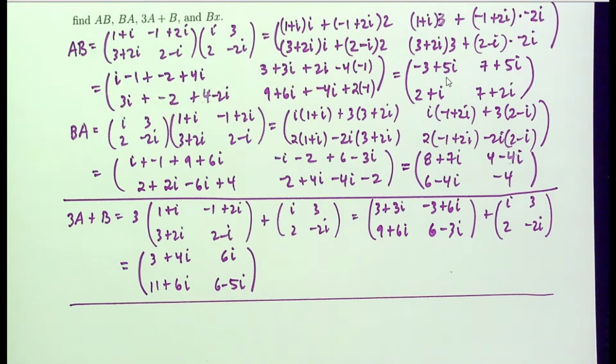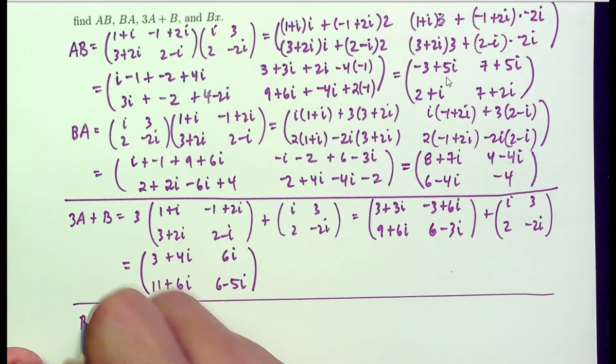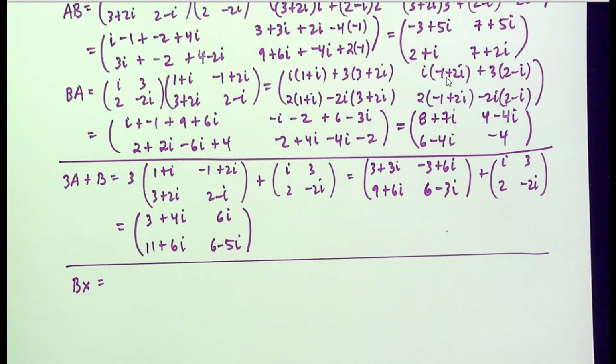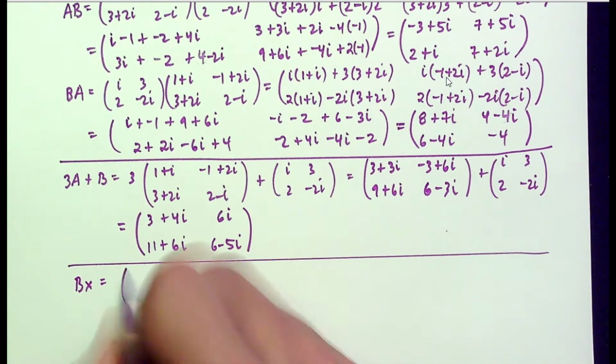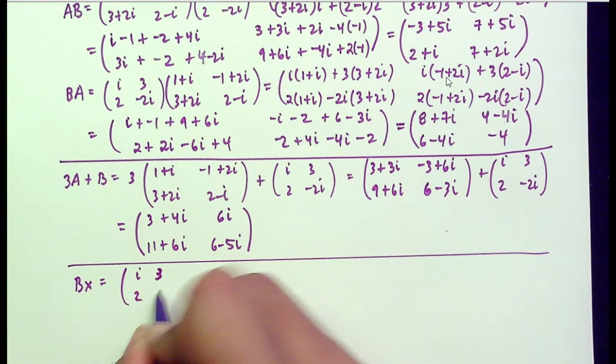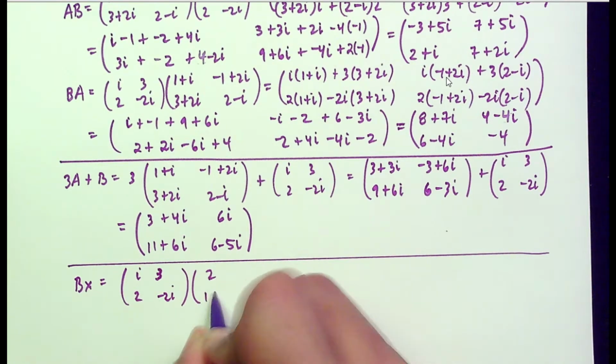Okay, now we're going to do Bx. So copy B. This is i, 3, 2, negative 2i. And we're multiplying it by 2, 1 plus i.